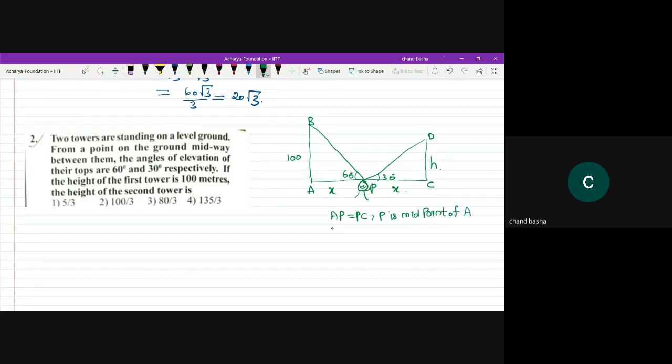Is it clear? P is what? Midpoint of AC. Hope you can understand the figure. Any doubts regarding the figure?